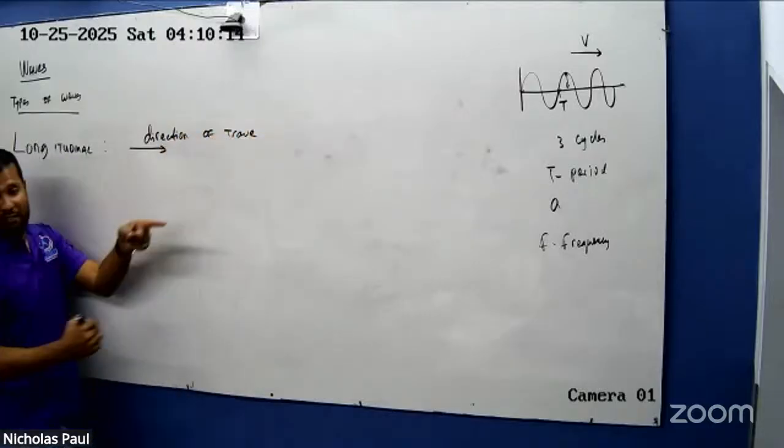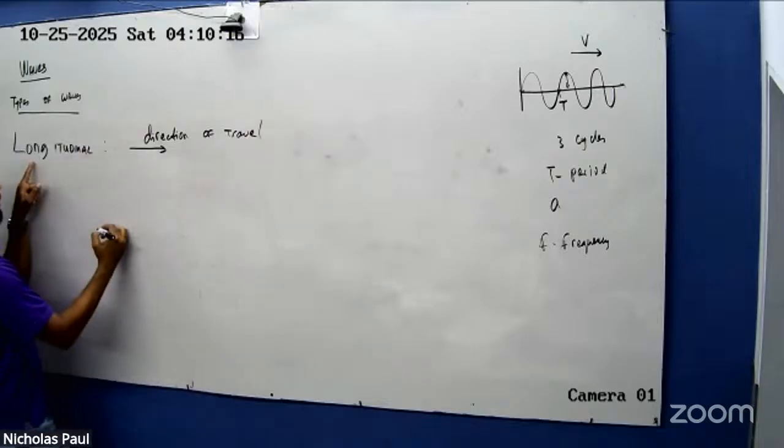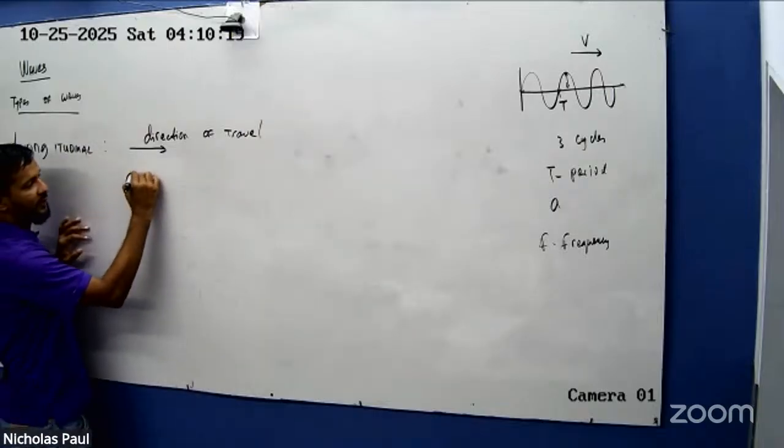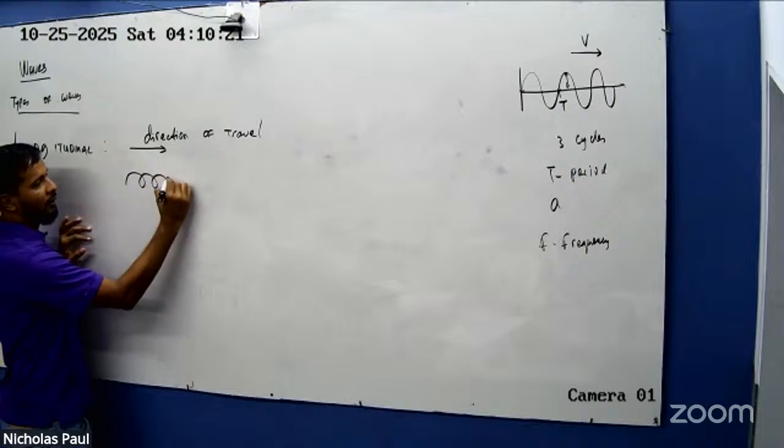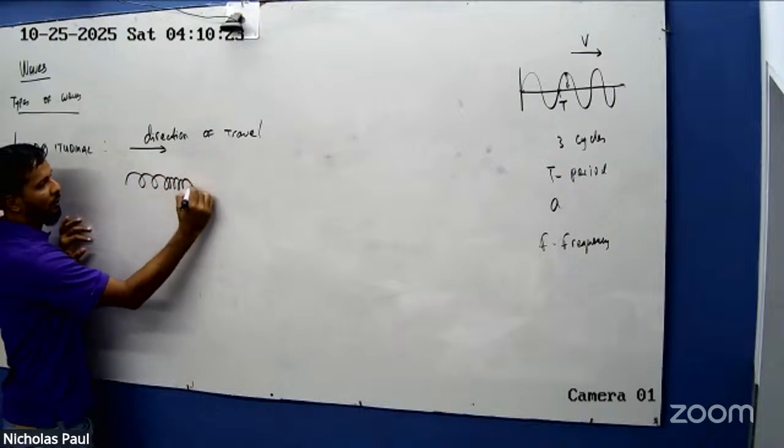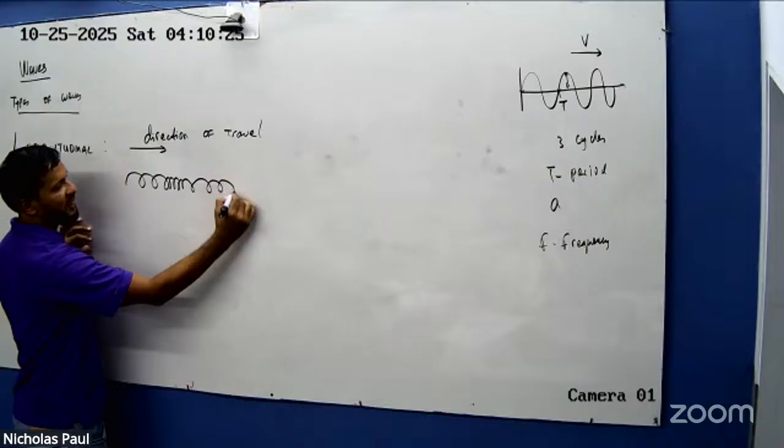So if you're traveling this way, a longitudinal wave will look like this. There's a slinky diagram.